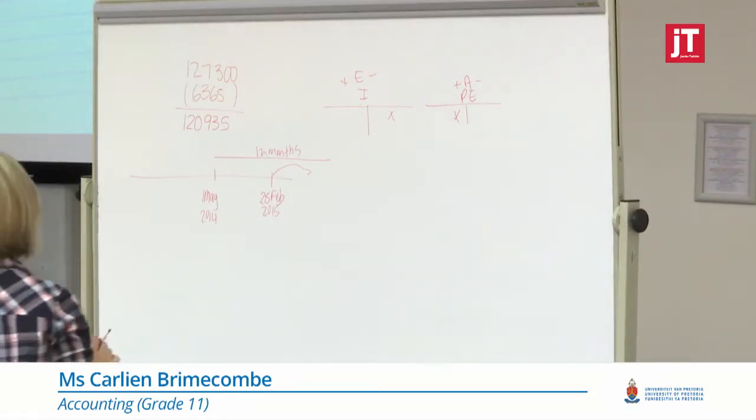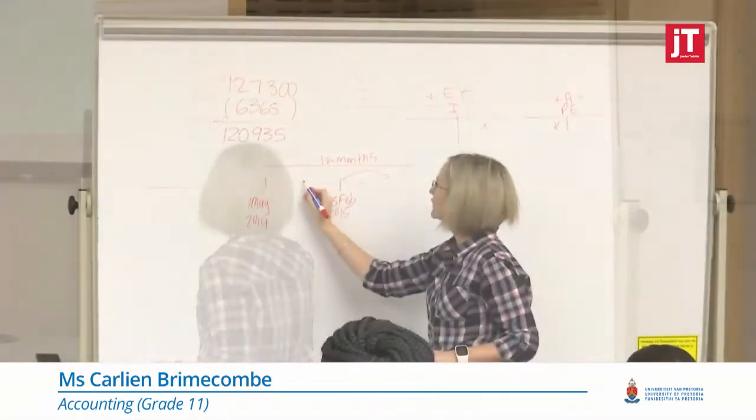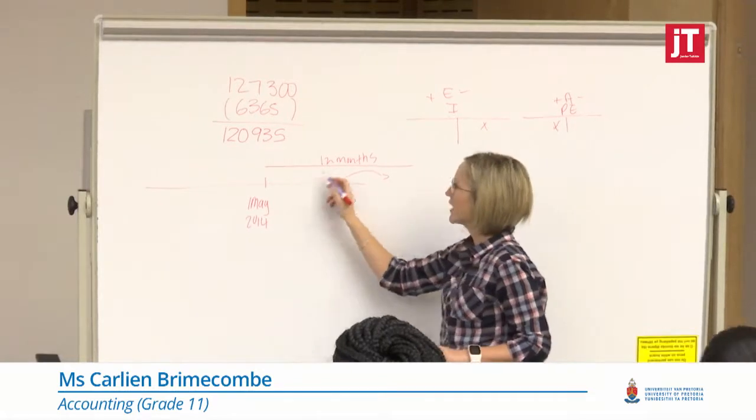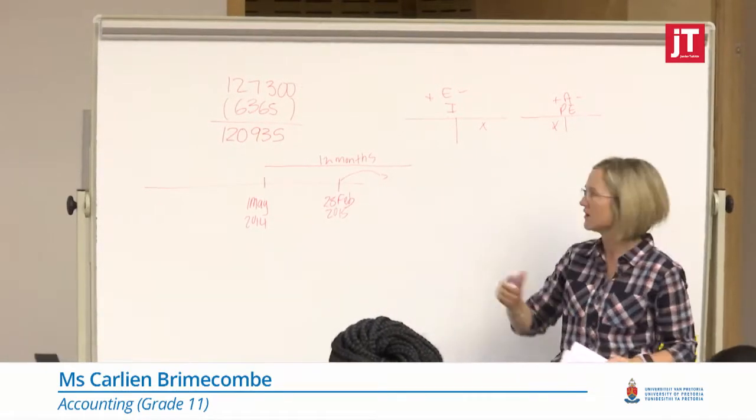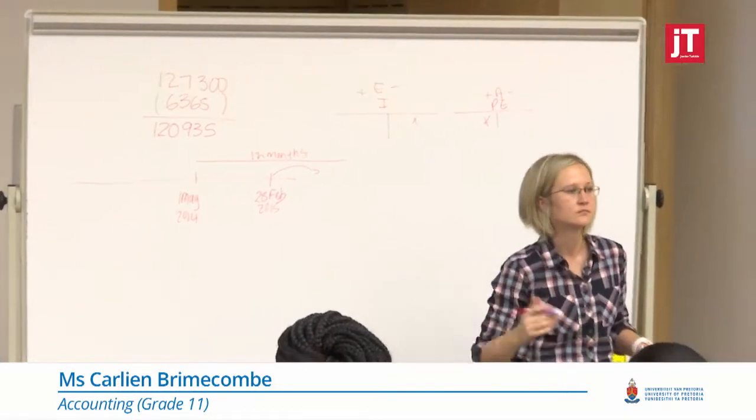You can look at it in two ways. One, what should be included, and then just take 12 minus that, and that should be taken out. Or just count from February up to when 12 months later will be.